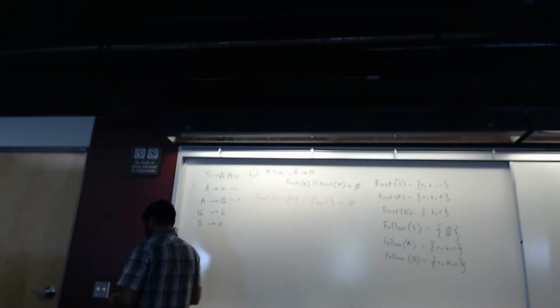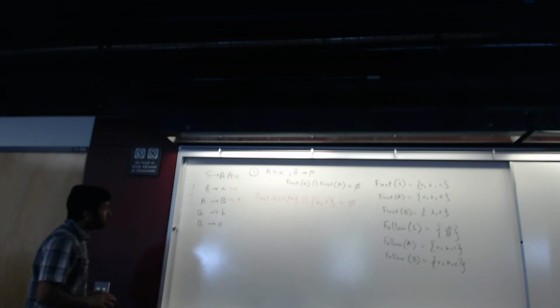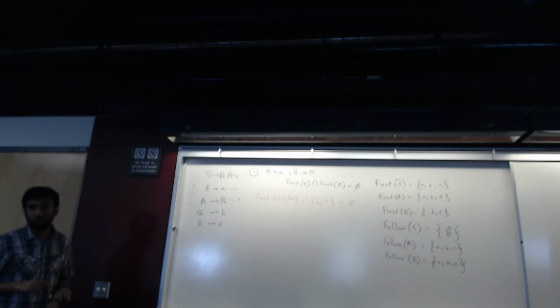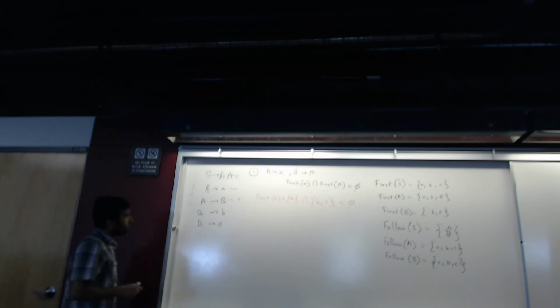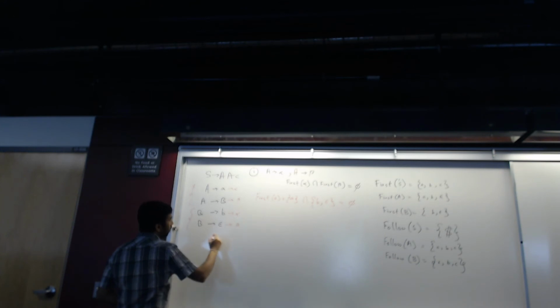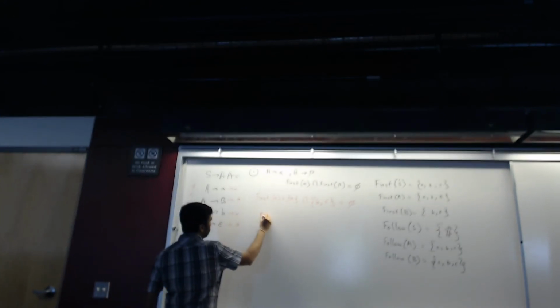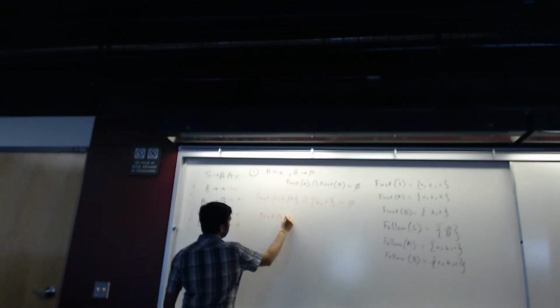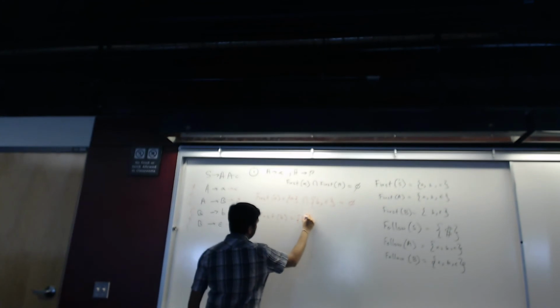So this works. Is there any other non-terminal which has 2 rules? B has 2 rules. So these are the 2 rules. This is alpha, this is beta. What is first of B?